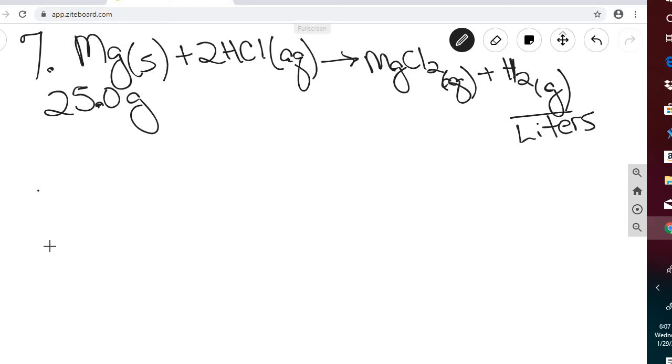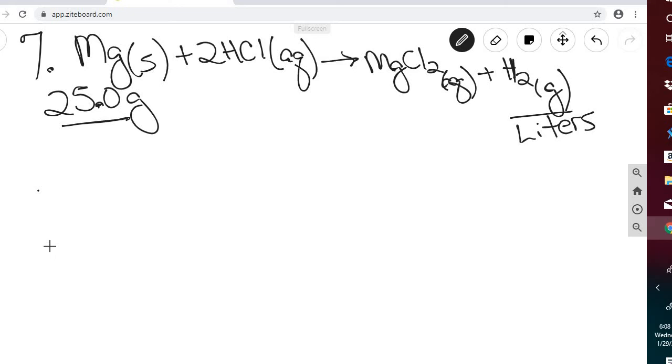You might be tempted to use Avogadro's law because we're dealing with a gas in hydrogen. However, remember that Avogadro's law only works when you're working with only gases. So it's not going to work because the magnesium is solid. But you should recognize that we are told about magnesium and we are asked about hydrogen gas. So that tells you right away that we're going to have to use stoichiometry to get our answer.